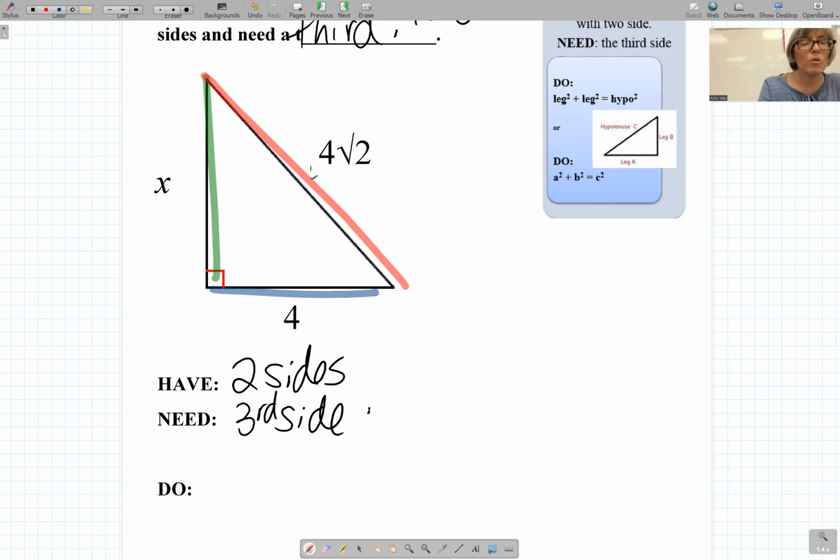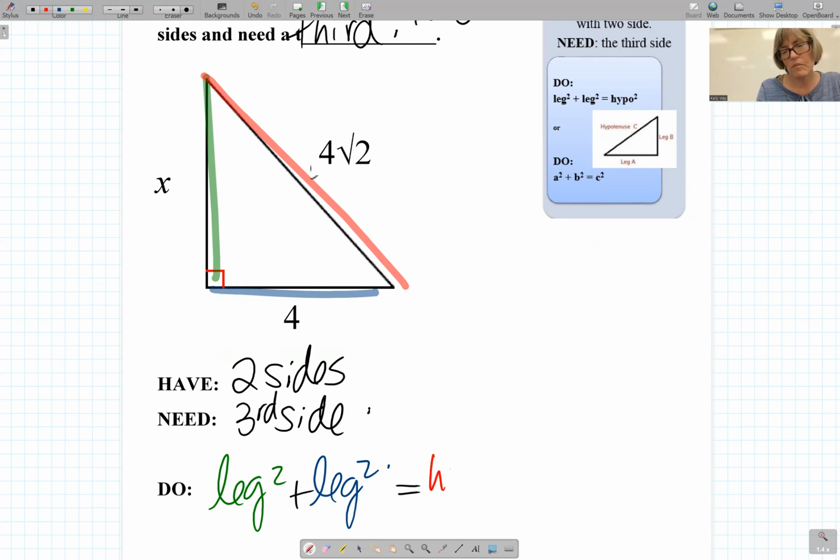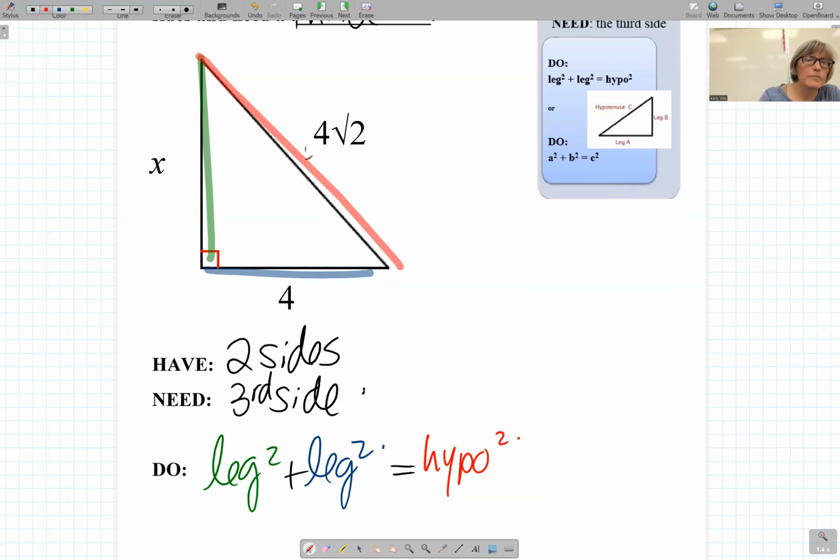So we are going to write our equation, which is leg squared plus leg squared equals hypo squared. Circle, plug, chug.